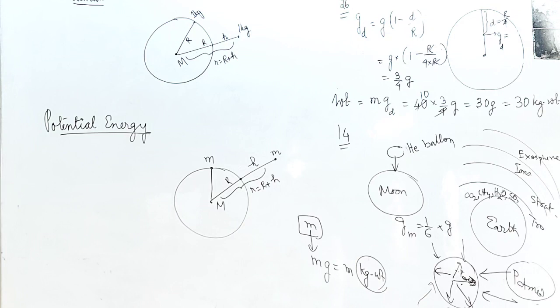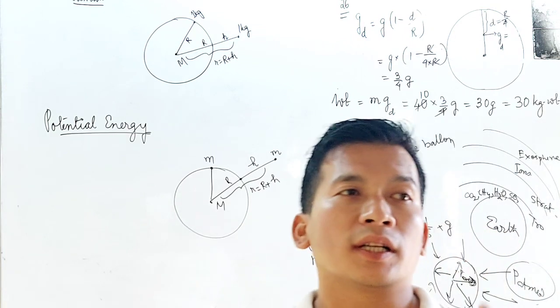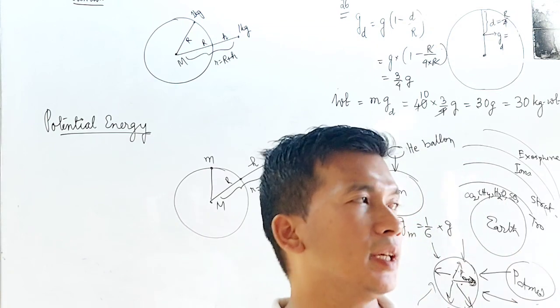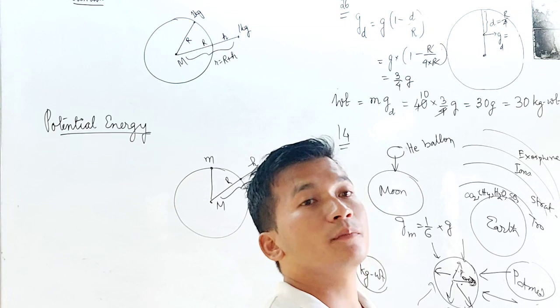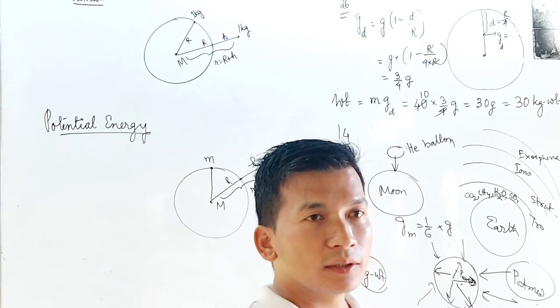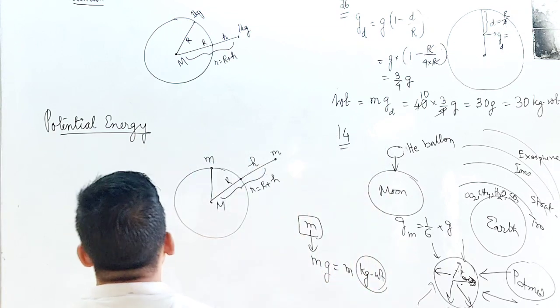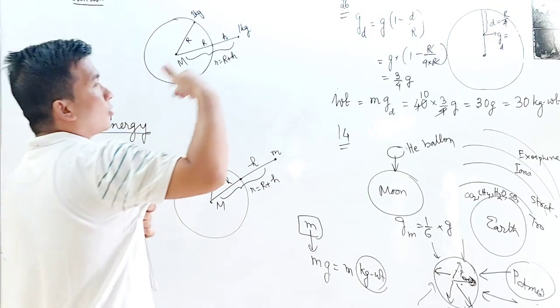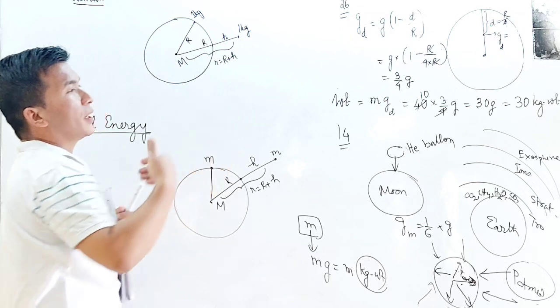Now let us discuss potential and potential energy. Potential will be discussed only for conservative force. Now let us understand what is potential. In your book it will be written as the work done for bringing one unit test charge.